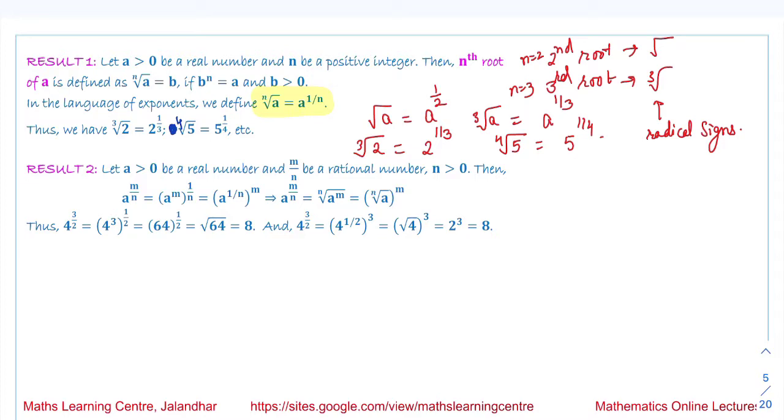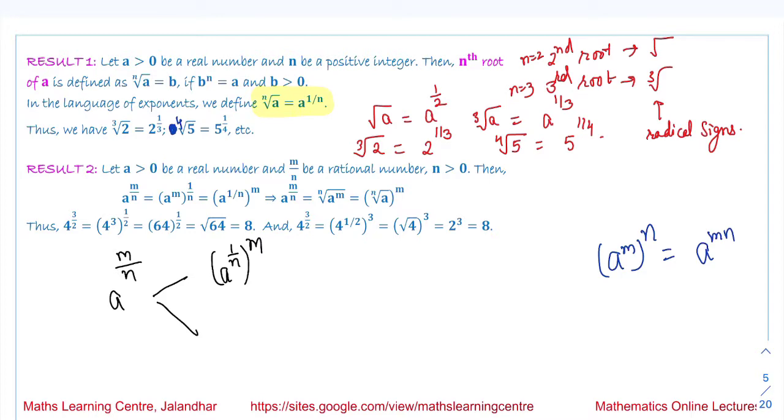In the second result, we are saying that if we are given a number a raised to the power m by n, we can write it as a raised to the power 1 by n, whole raised to the power m. This is by the property that a raised to the power m, raised to the power n, is equal to a raised to the power m into n. Same property we are using over here. The second thing we can do is a raised to the power m, whole raised to the power 1 by n.